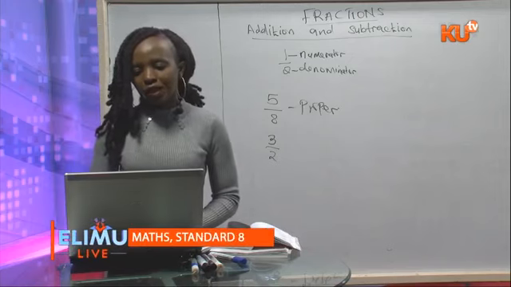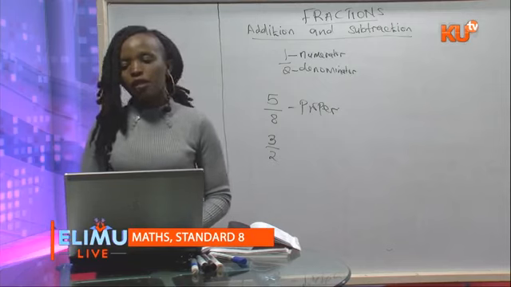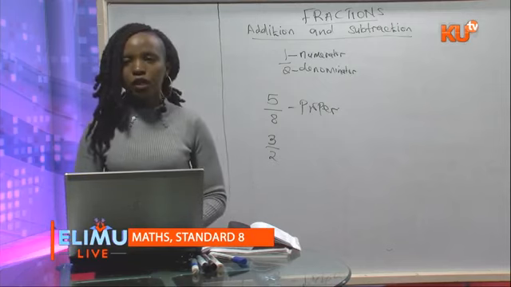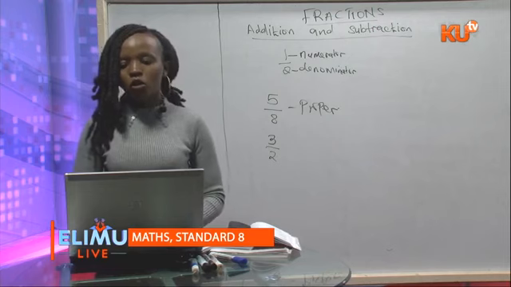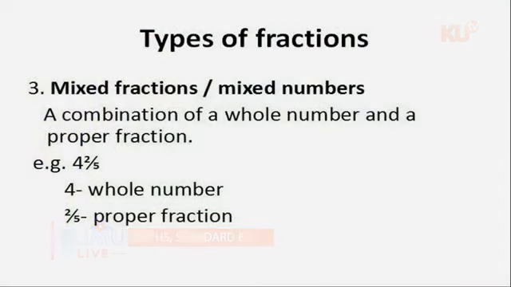The other type of fractions that we have is what we call the mixed fractions. The mixed fractions are also called the mixed numbers. And what are they? This is a combination of a whole number and a proper fraction.